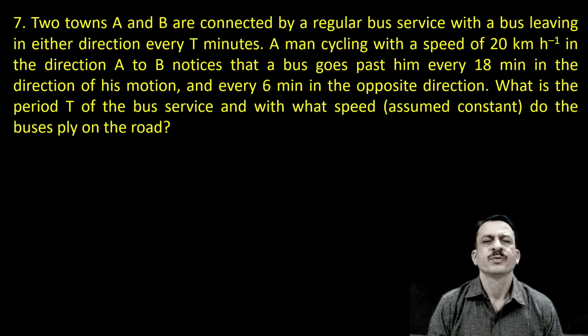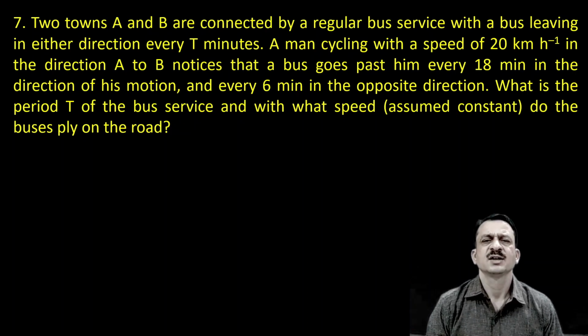Now here there are two cities A and B. They have regular bus services. Buses are traveling with a time period of t minutes. Every t minutes, one bus leaves on either side of the station. Now there is a person cycling with a speed of 20 km per hour.